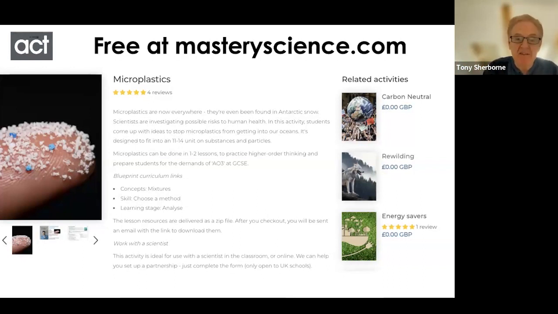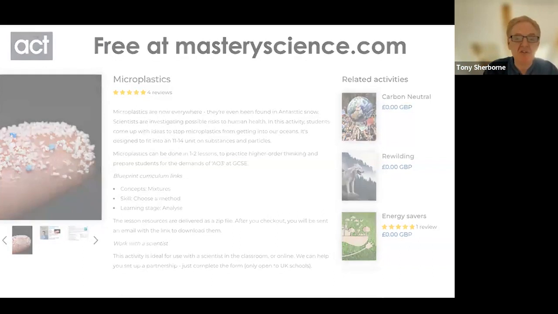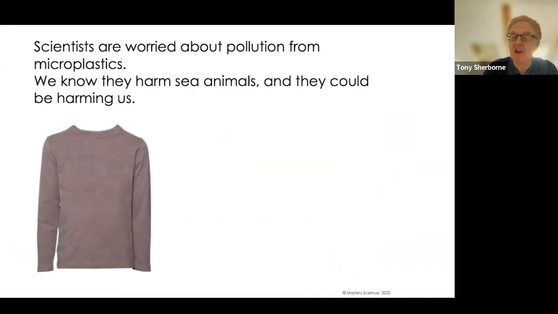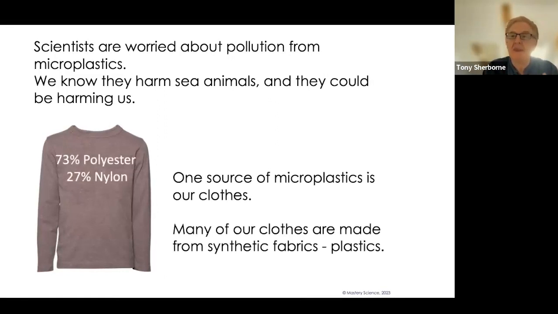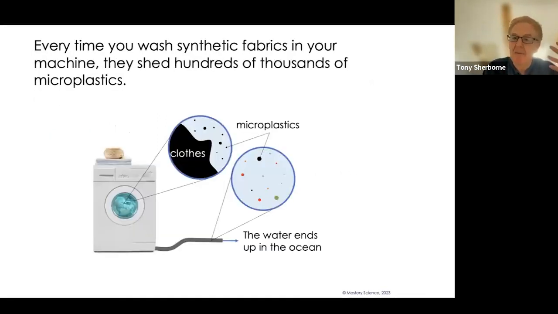So this is microplastics. And the idea is that you'd use this at the end of teaching about particles, because it does revise knowledge of the size of particles and mixtures and separation techniques. So there's a context, setting up the problem. There's the fact that the actual problem source is the clothes in the machine when they're washed.